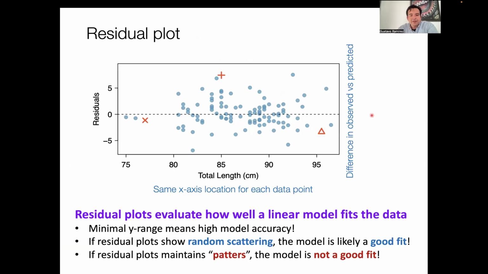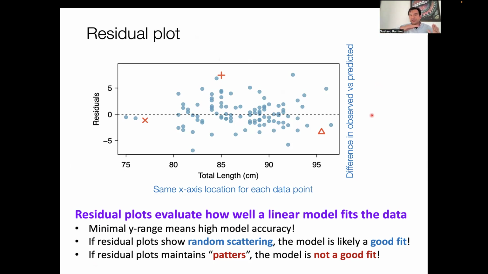So these residual plots ultimately evaluate how well a linear model fits the data. This residual plot shows how off the observation is from reality. And you get this summary for the entire range of your predictor variable.